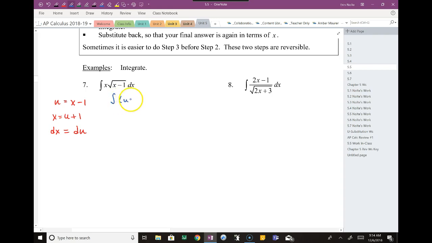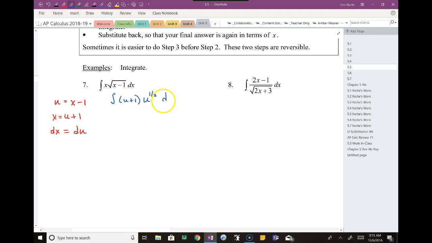Okay, u plus 1. x minus 1 is the same as my u, so my second piece I'm going to write as u to the 1/2. Notice that I'm taking the square root, writing it exponentially, and replacing that piece with u. Now I have to replace the dx with what it's equivalent to. What is the dx in terms of?